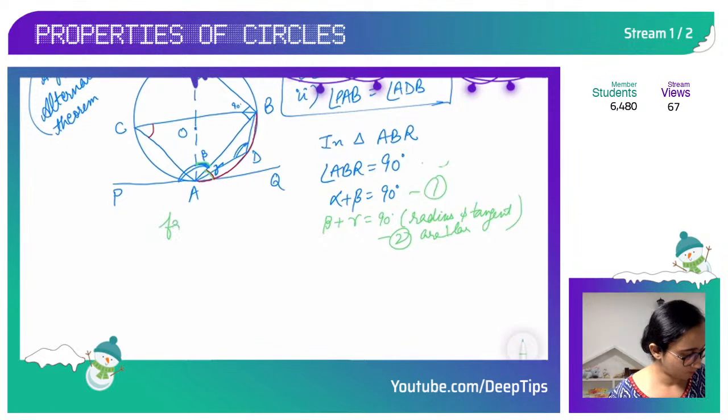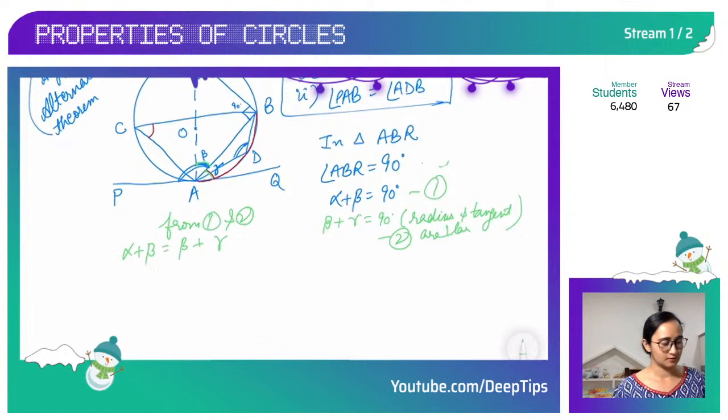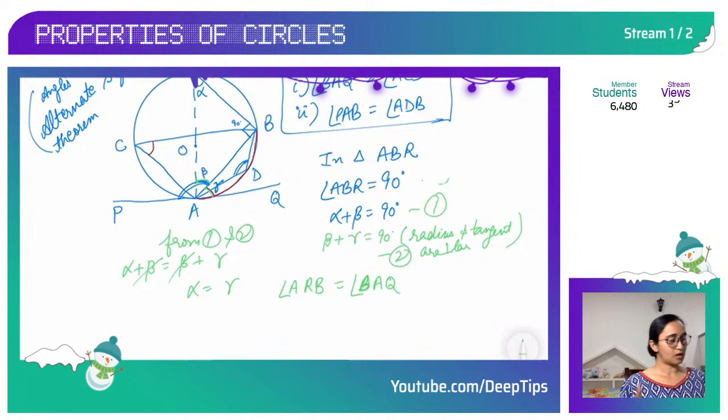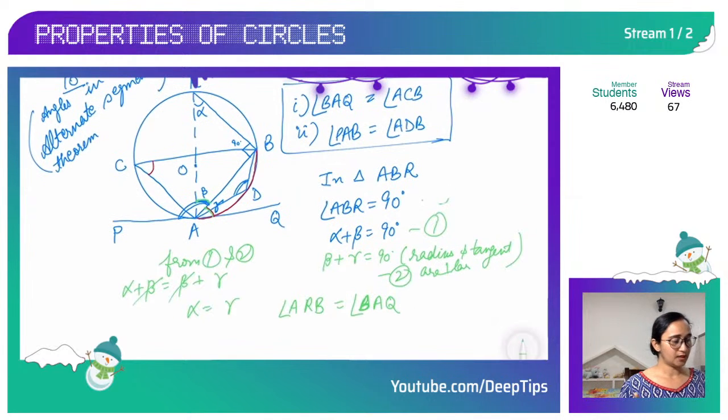So from 1 and 2 I can say alpha plus beta is equal to beta plus gamma. Yes, so here beta got cancelled, so my alpha is equal to gamma. So my alpha is angle ARB and gamma is angle BAQ, correct? Now I have to prove that BAQ is equal to ACB, but I have proved that it is equal to ARB.